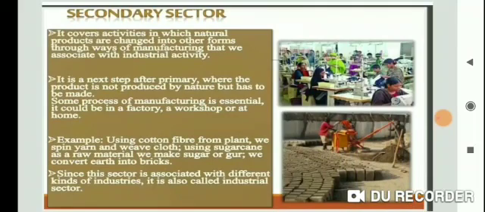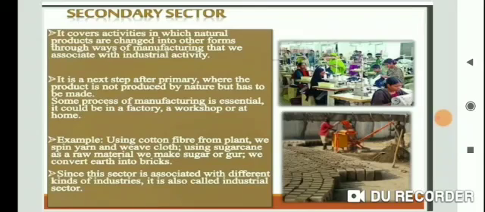Secondary activities add value to natural resources by transforming raw material into valuable finished products. These activities therefore include manufacturing, processing, construction and infrastructure industries. Natural products are changed into other forms.